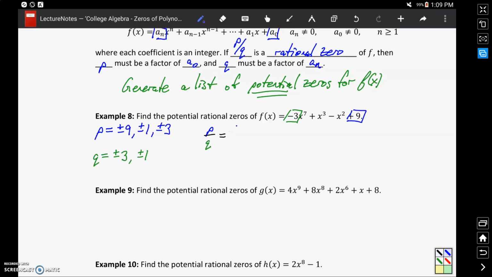So to start off, we can consider plus or minus 9 over positive 3. We can consider plus or minus 9 over 1. Then we can pair plus or minus 1 with 3.